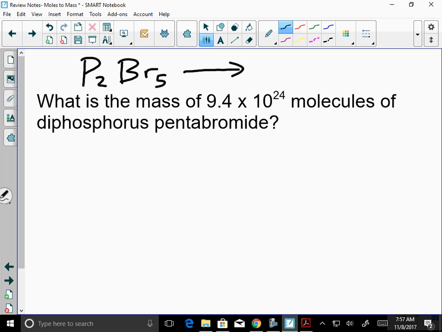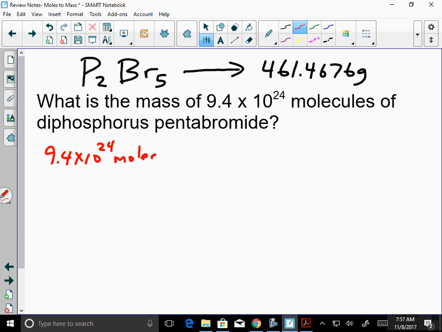When I do my molar mass for that, I have 461.4676 grams. So that is the amount of grams per 1 mole. Now, as I work my problem, I come back to my original value. 9.4 times 10 to the 24th molecules of diphosphorus pentabromide.